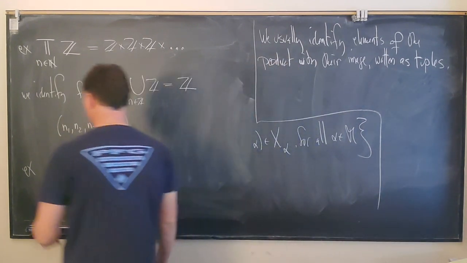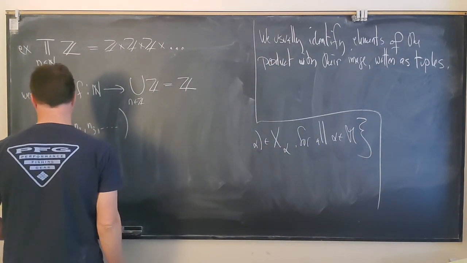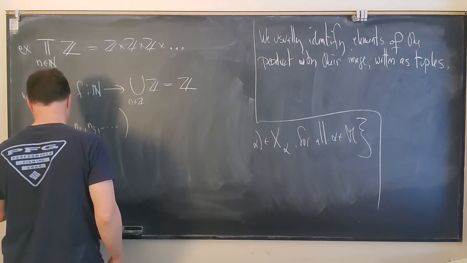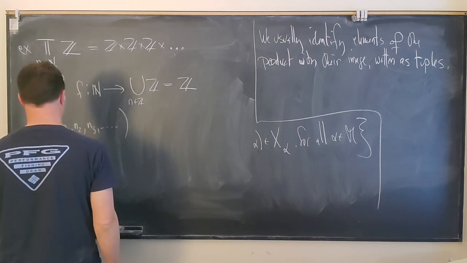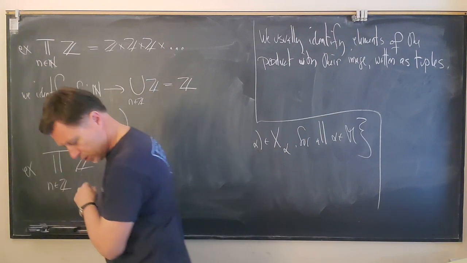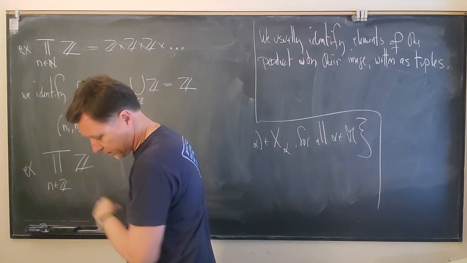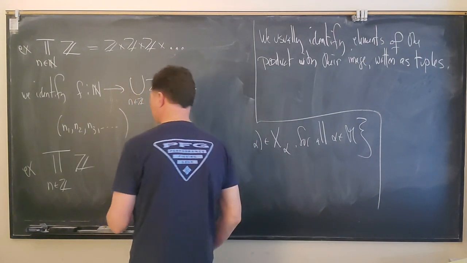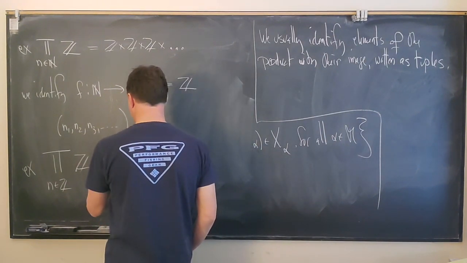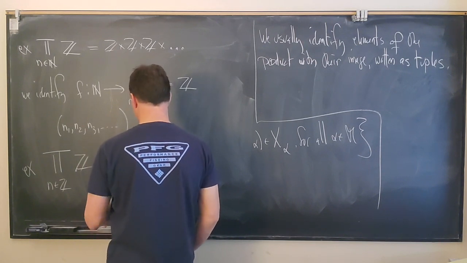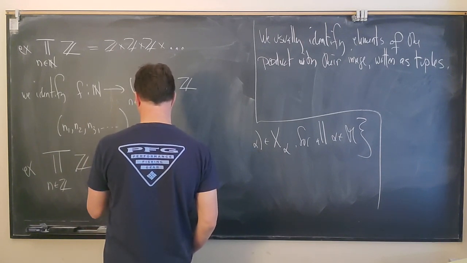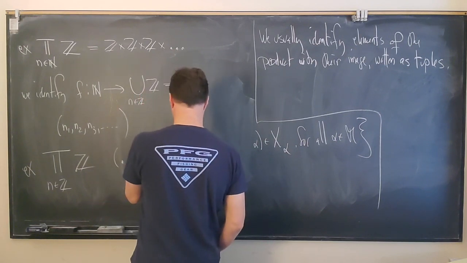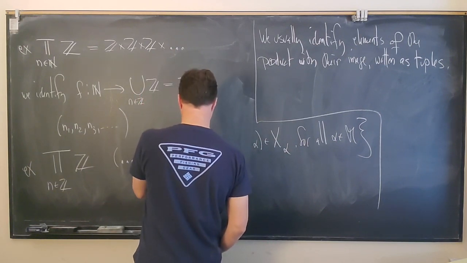So, for example, if we have a product indexed now by the integers, what does a typical element look like? A typical element is going to be an infinite tuple where we have dot dot dot, and then an n sub minus 2, an n sub minus 1, an n sub 0, an n sub 1, an n sub 2, dot dot dot.